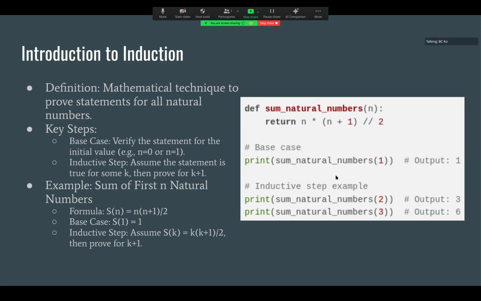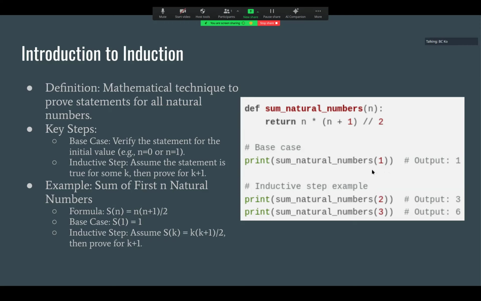And if we look at this code, we define a function that calculates the sum of the first n natural numbers using this formula, and we can then test this function with different values to show that the base case and the inductive step work.